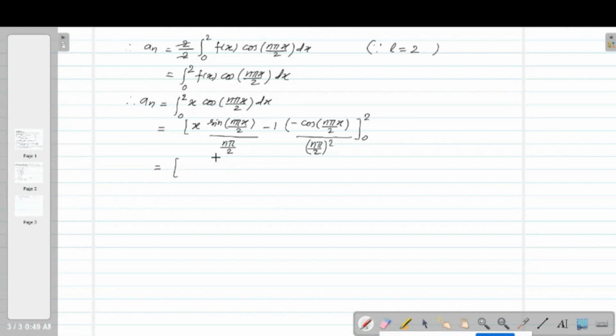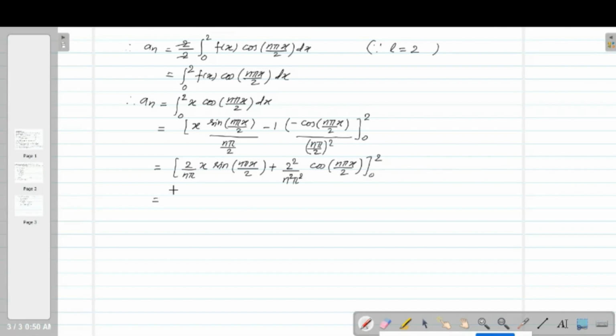Just simplify, then apply the limit. This goes on numerator, so this becomes 2 by n pi x sine n pi x by 2, minus minus goes plus, and this goes on numerator, so this becomes 2 square by n square pi square cos n pi x by 2. Now apply the limit 0 to 2.